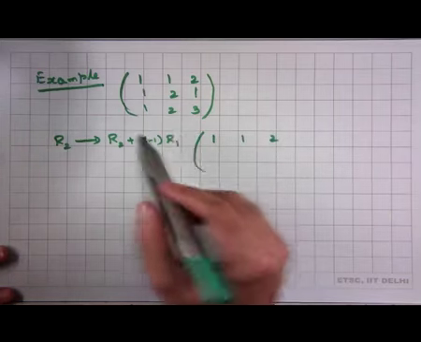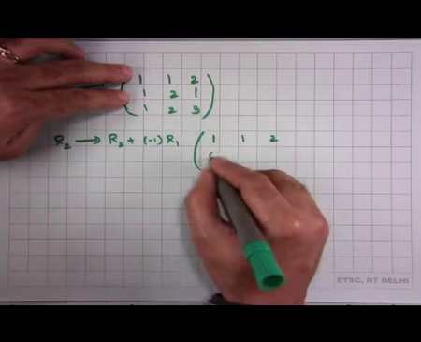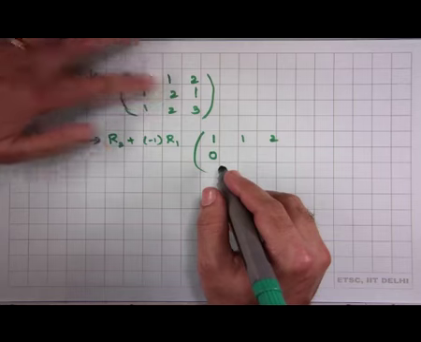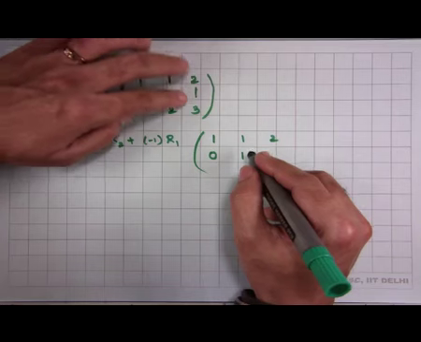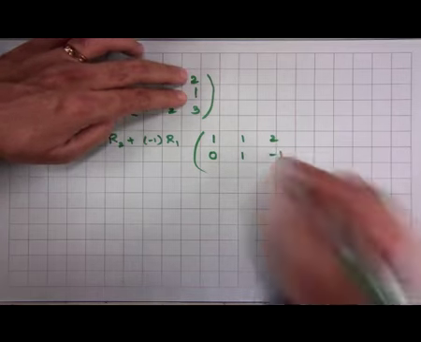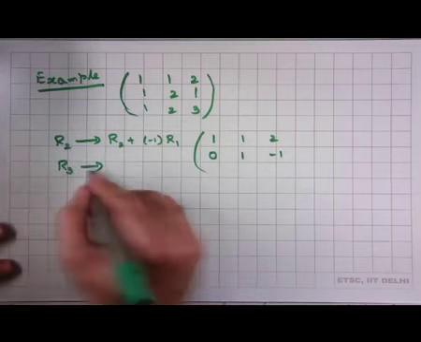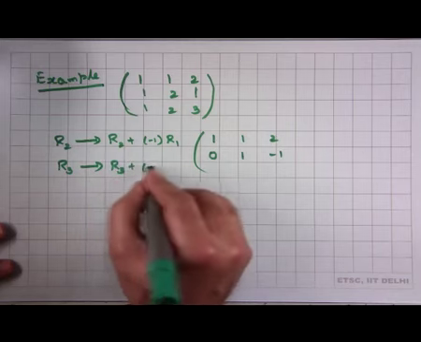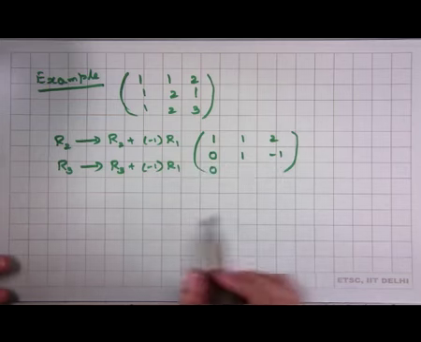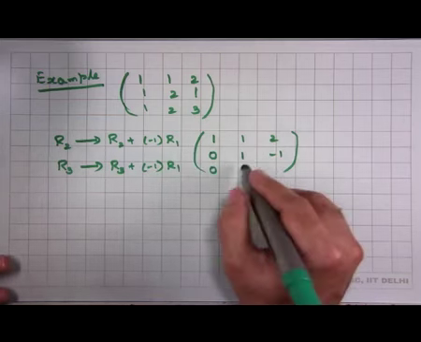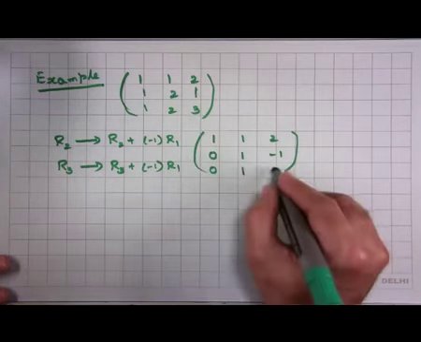Second row, R2 plus minus 1 times R1, so you will have 0 here, then 2 plus minus 1 which is 1, 1 plus minus 2 which is minus 1. And the last one, again you replace R3 by R3 plus minus 1 times R1, you will have 0, and then 3 minus 2 which is 1.